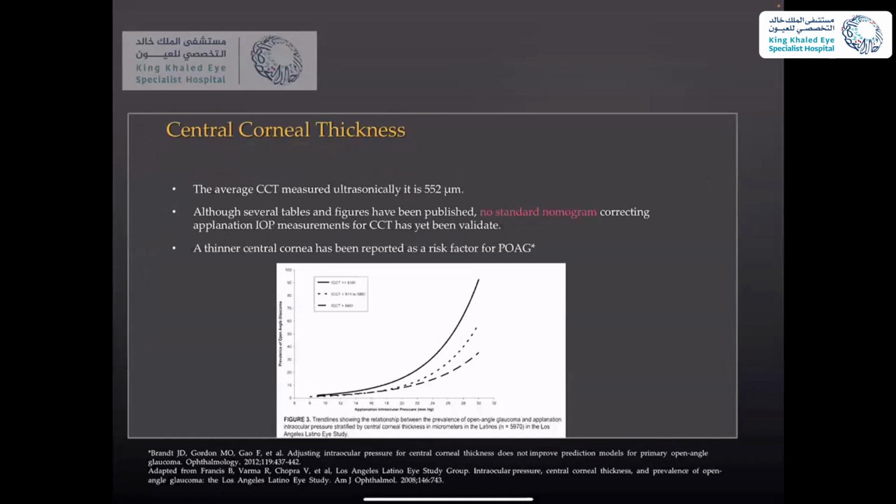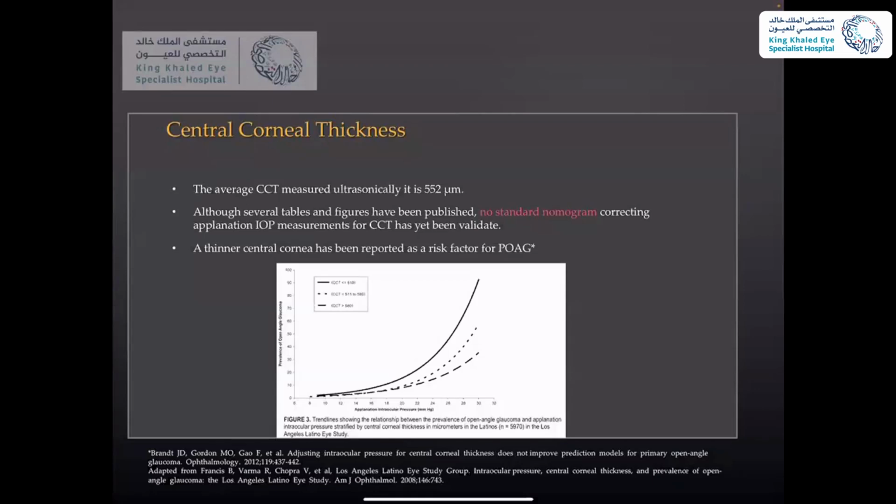Corneal thickness. One of the risk factors is to have a thin cornea, and corneal thickness also plays a major role in IOP measurement. As we all know, the average corneal thickness is around 552 microns, and there is no standard nomogram that corrects the IOP in regard to the corneal thickness.